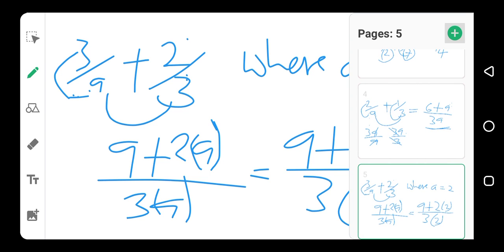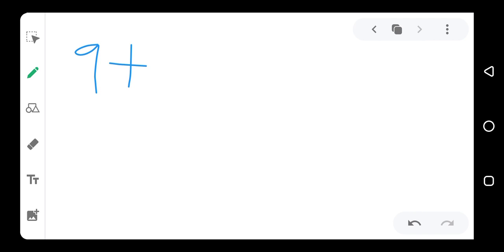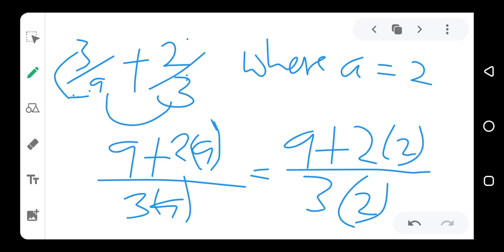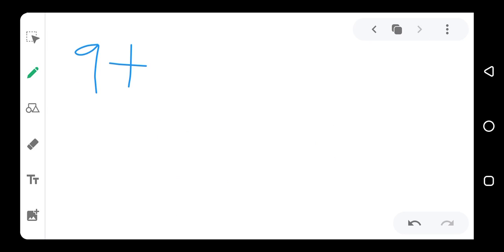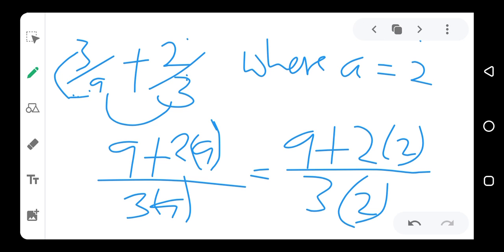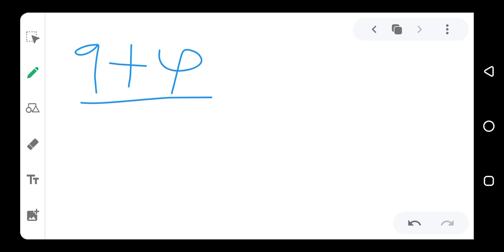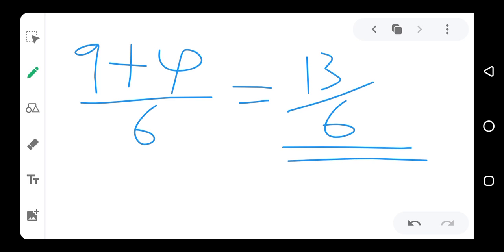Now we have 9 plus 4 over 6, which is equal to 13 over 6. So the final answer is 13 over 6. Here we know the value of a, and now we put the value of a and simplify further. Then we get 13 over 6 as the final answer.